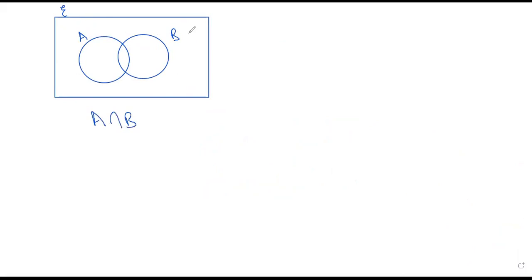What are we going to have in A intersection B? The middle part, this region. Yes. This is the first example. Amir, is it clear?